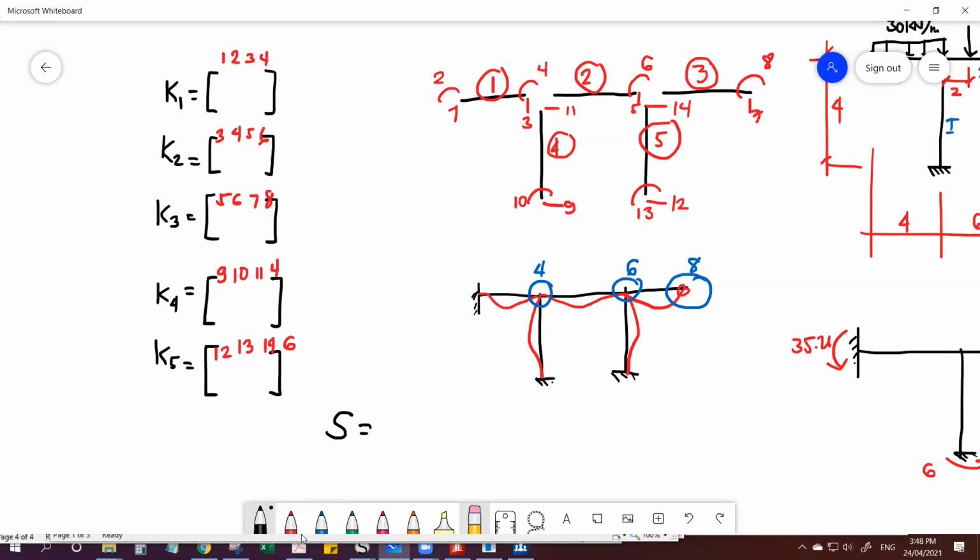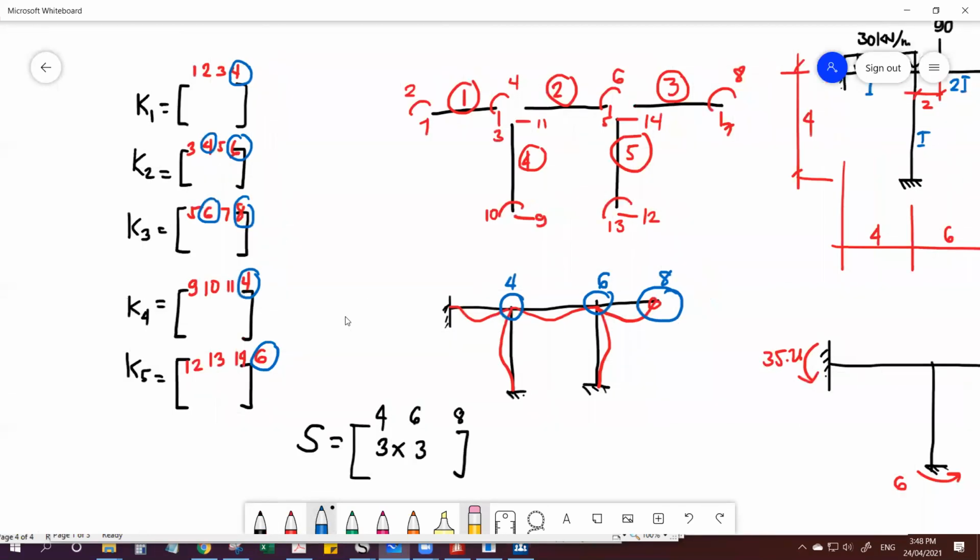So our expected size of S is 3 by 3, with codes 4, 6, and 8. We will need to extract the elements for 4, 6, and 8. This is 4, this is 6. So that's it.